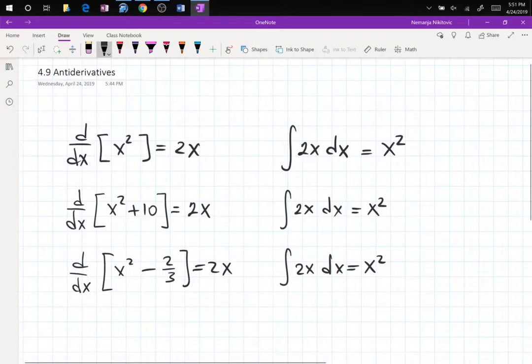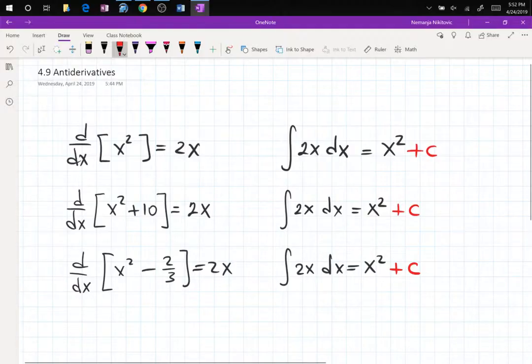And for that reason, you are required, under penalty of death in calculus, to put plus c every time you integrate. This plus c is not there for decoration, right?